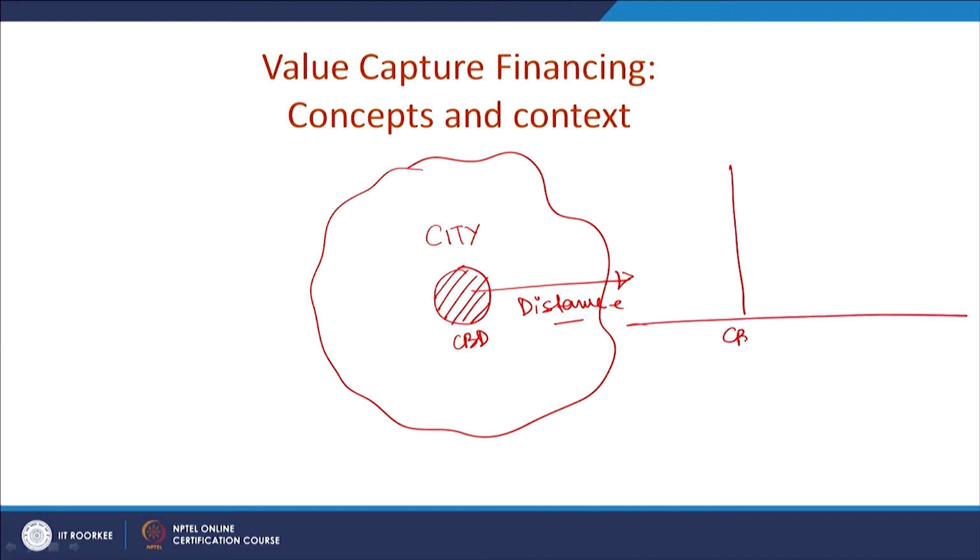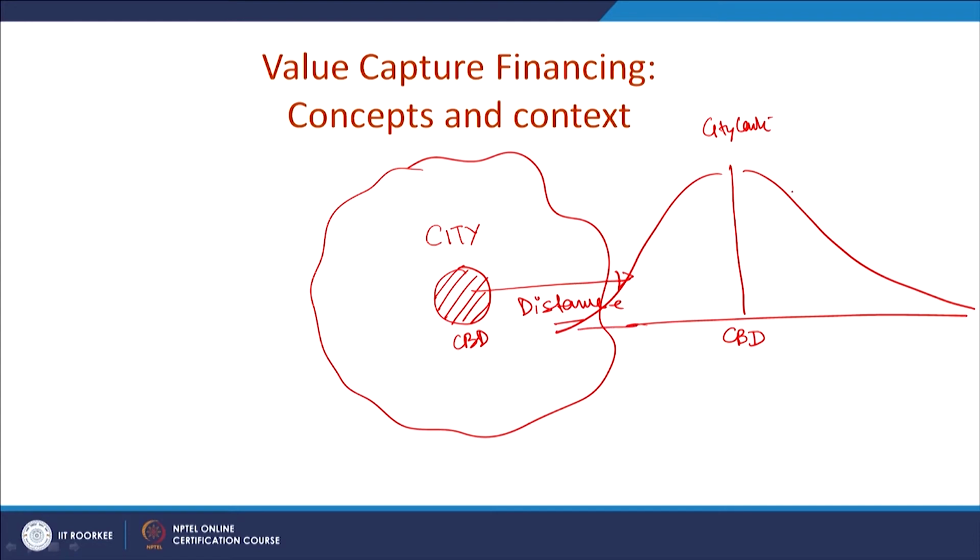In the CBD it is the maximum land value and slowly it will go down. So, this is the city center and this is basically the periphery of the city.